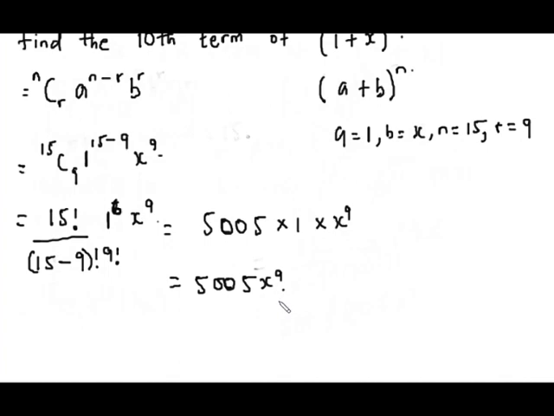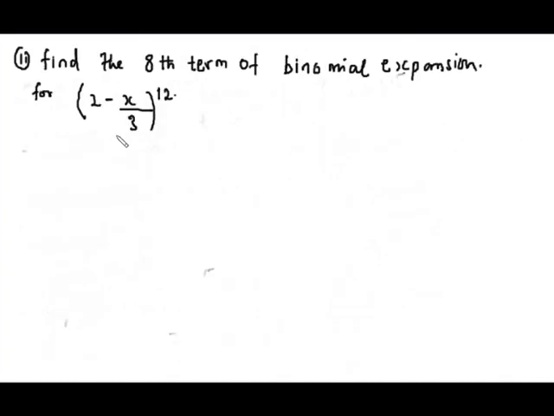Let's quickly take another example for you to understand better. For a second example, you can pause the video and try this one out yourself. Like we did before, we liken this bracket to a plus b to the power of n.